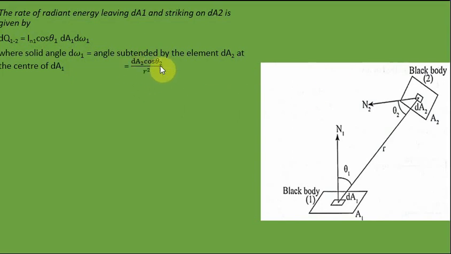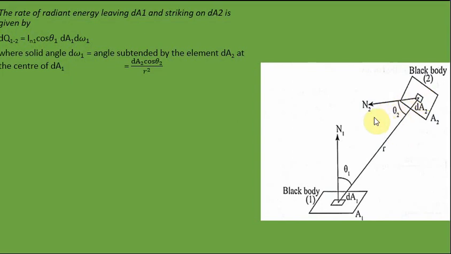dA2 cos theta 2 is the area perpendicular to this line r. So the projected area of dA2 in the direction perpendicular to r, the line joining the two areas, is obtained by the relation dA2 into cos theta 2.